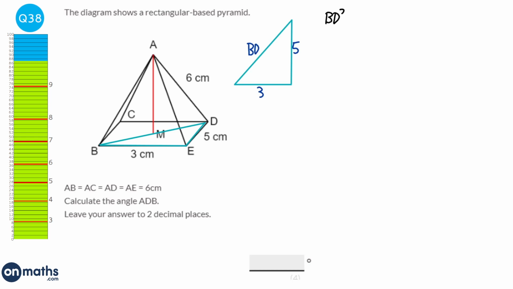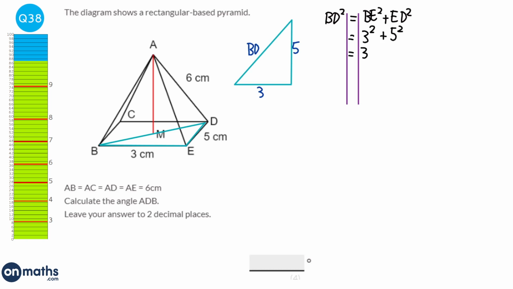So BD squared equals BE squared plus ED squared. And let's get our tram lines in. So we know that BE is 3, and we know that ED is 5.